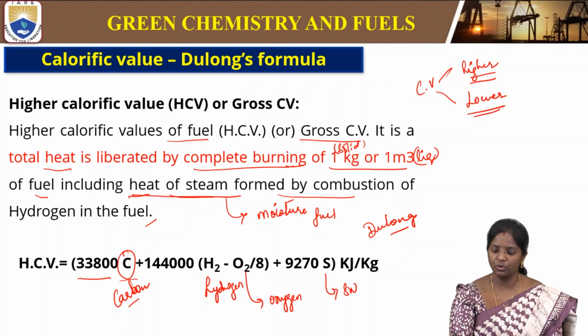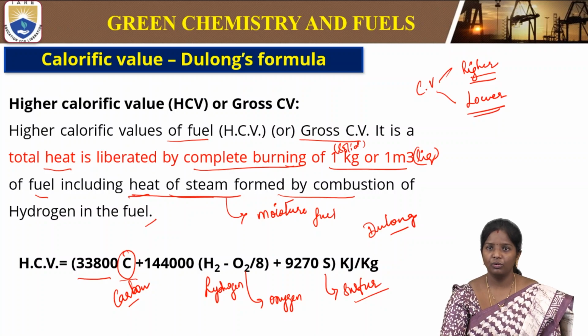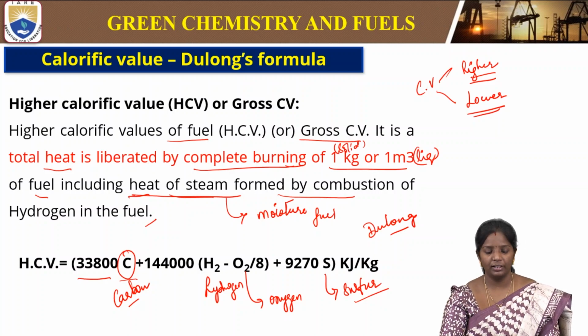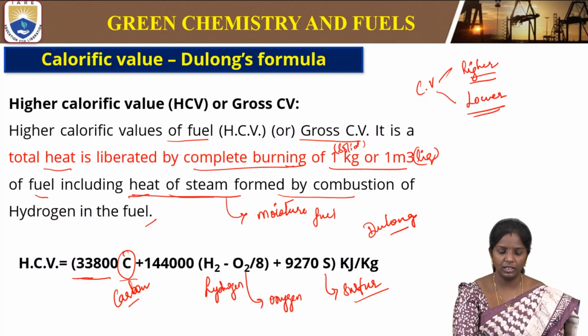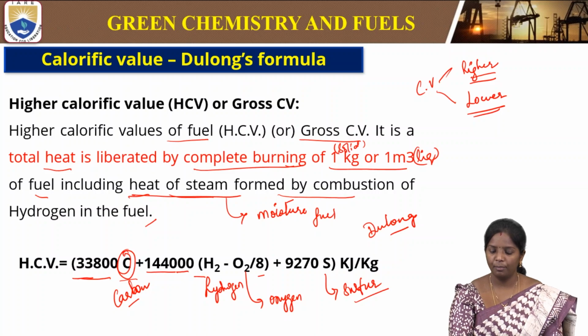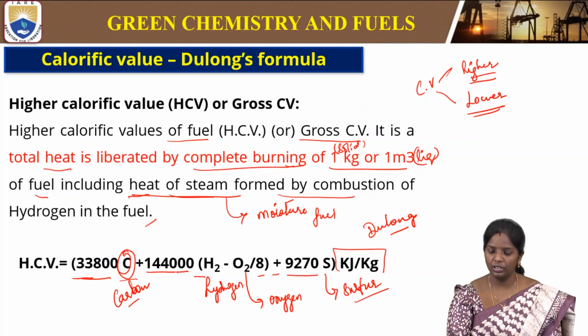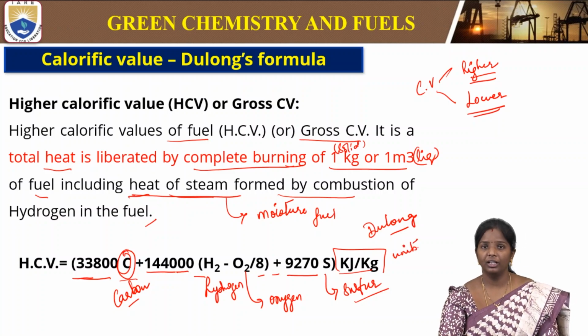These contribute to the energy produced from the fuel, so they are included in the higher calorific value formula. So 33,800 C plus 144,000 (H minus O by 8) plus 9270 S, and these are the units that we use for the expression of calorific value.